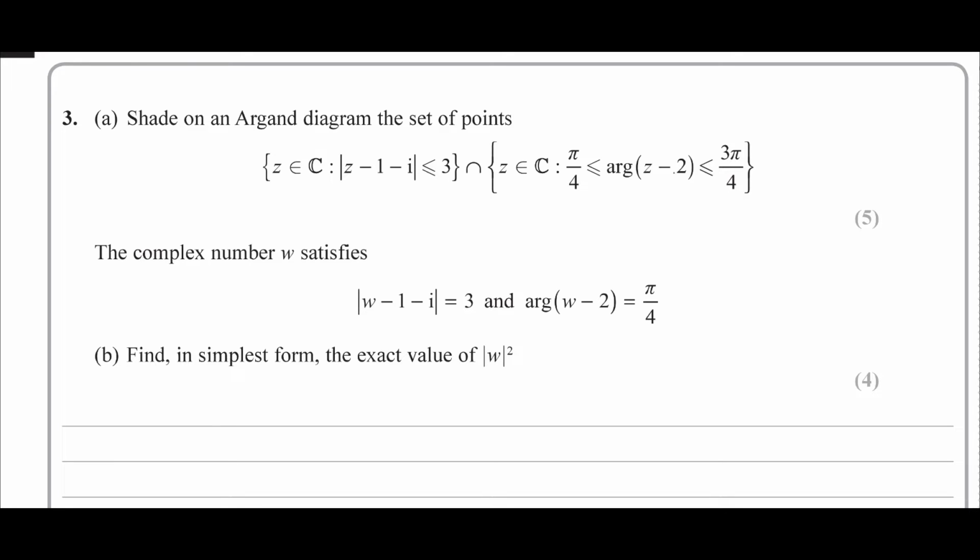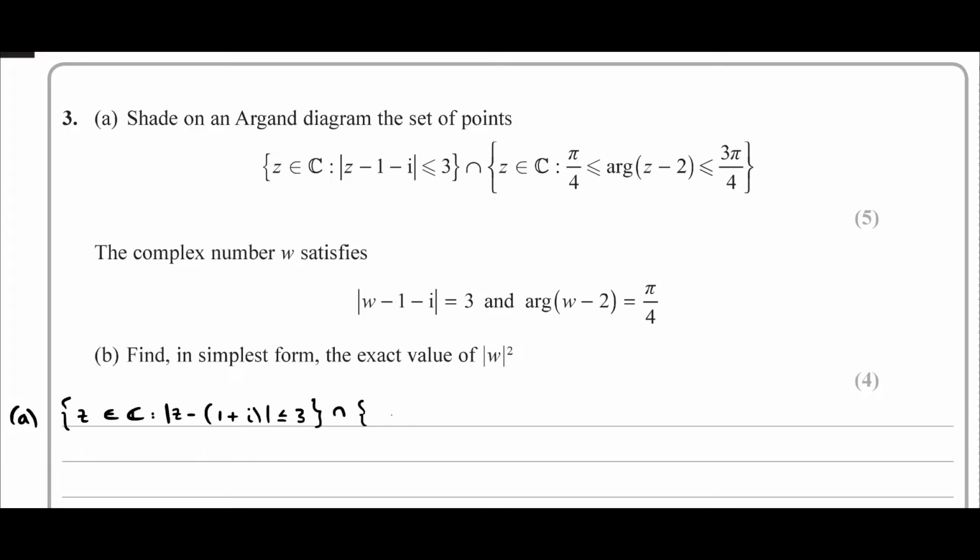And before we attempt such a question, we can rewrite this bit over here. For a set of complex numbers, we can rewrite z minus 1 minus i as z minus 1 plus i. And this is obviously less than or equal to 3.